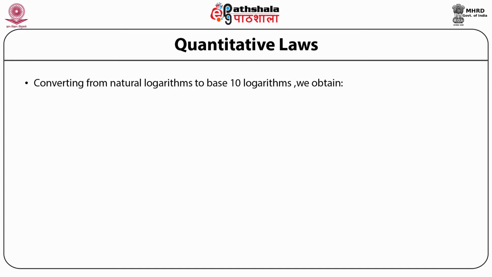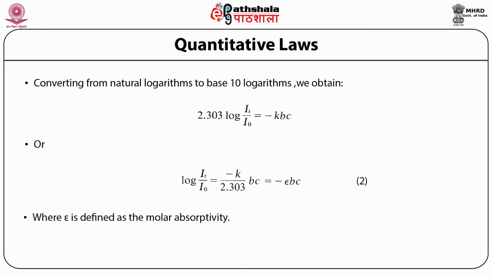Converting from natural logarithm to base 10 logarithm, one can obtain 2.303 log(It/I0) = −kbC, or log(It/I0) = −(k/2.303)bC = εbC, and this is equation 2, where ε is defined as the molar absorptivity, also called the molar extinction coefficient, a very important parameter reflecting the absorptive power of the analyte.